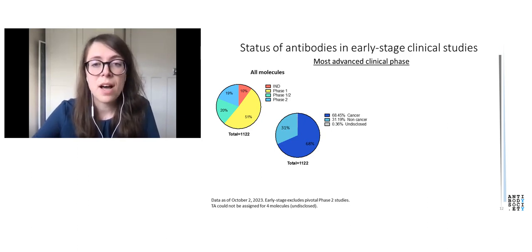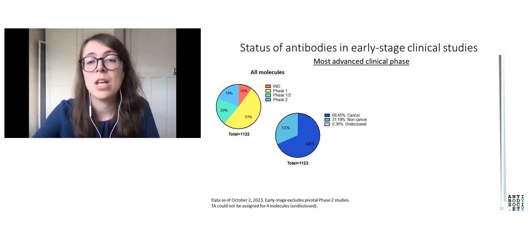We stratified our molecules according to the therapeutic area in antibodies for cancer and non-cancer indications. And as you can expect from the trends I just showed you, especially those of the recent few years, the number of antibodies for cancer indications is 2 times that for non-cancer indication.